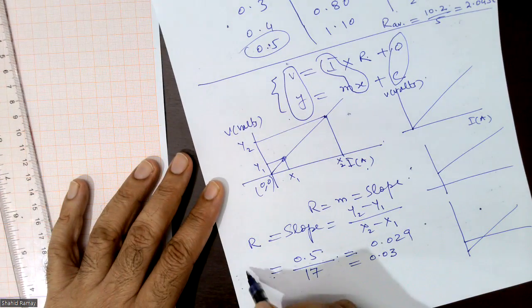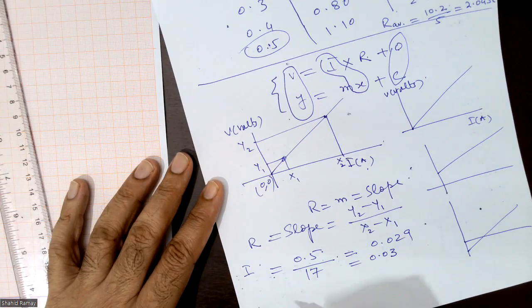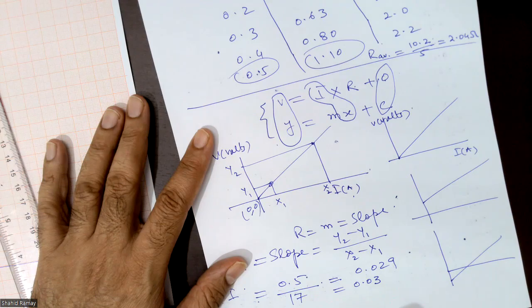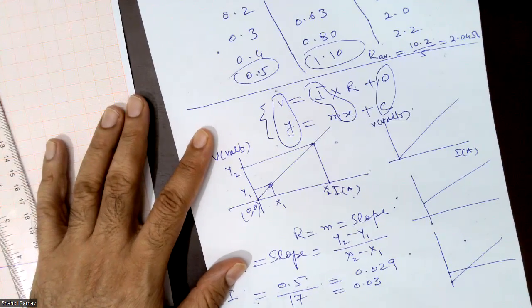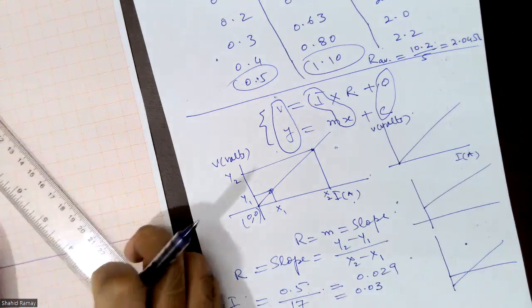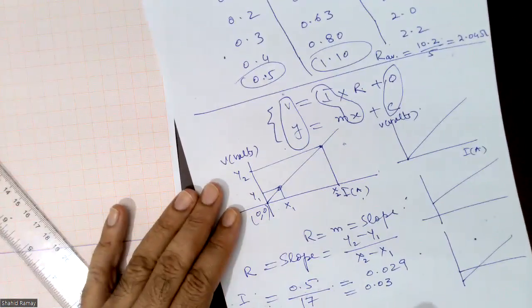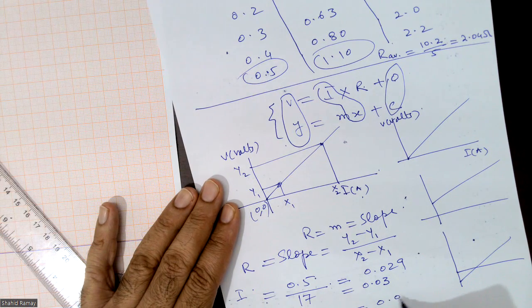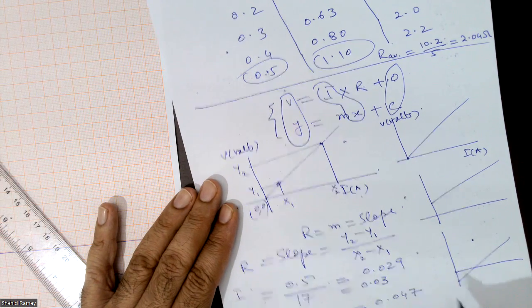Similarly, this is along x-axis, this is for I. Now for V, the maximum value is 1.1 and divided by the number of squares, which is around 23 or 24. So you can divide it by 23. The answer is 0.047.